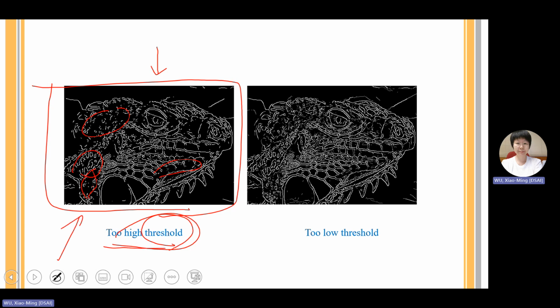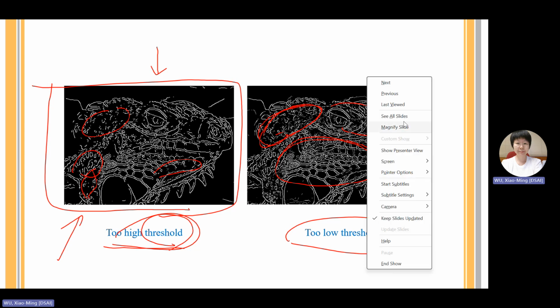If we apply a low threshold, you can see the edges become continuous. However, it also introduces too many details. It also introduces some unwanted edge pixels. Okay, so that's the result.